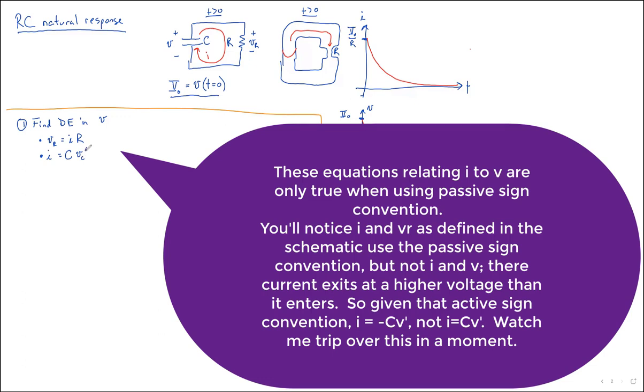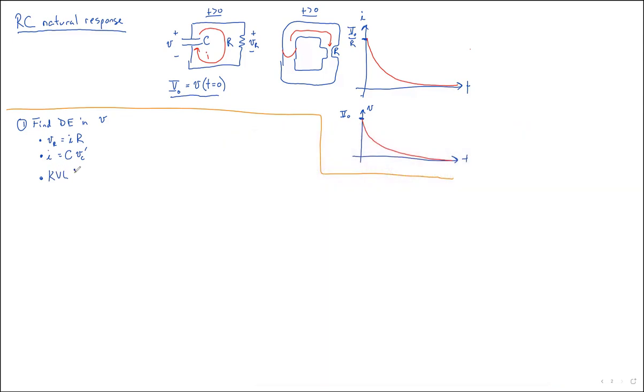So we're going to derive our differential equation using these rules. And because all these components are in series, we're going to use KVL to start us off. By KVL, we can sum up our voltages going around: minus our V plus our V sub R has got to be 0. And now we can just substitute things in.